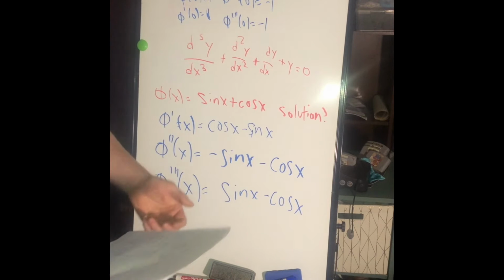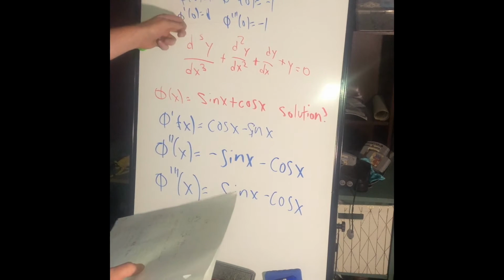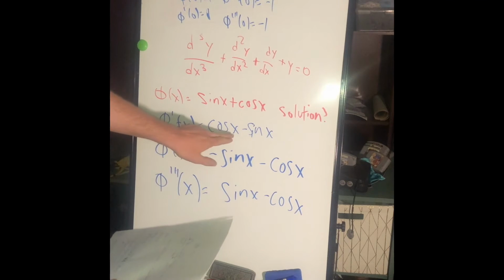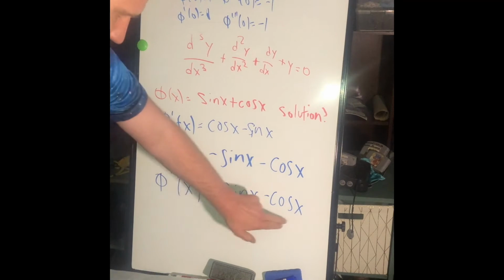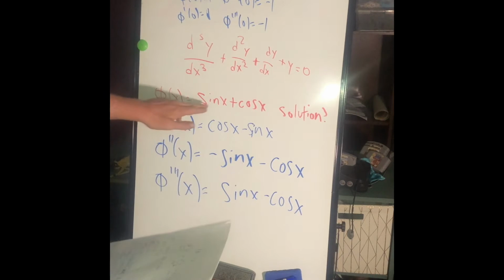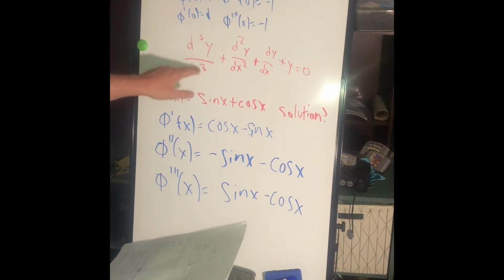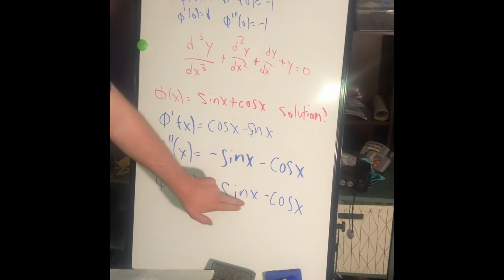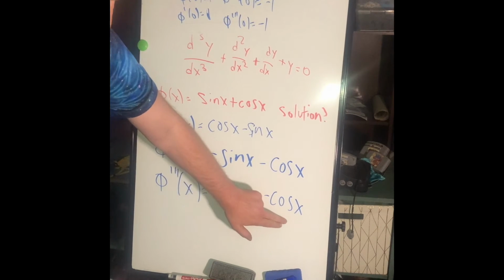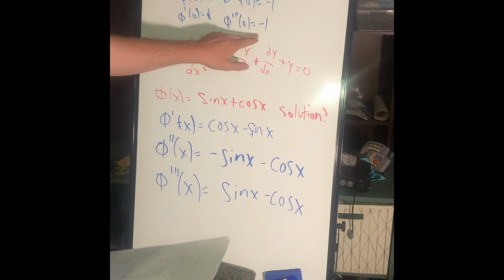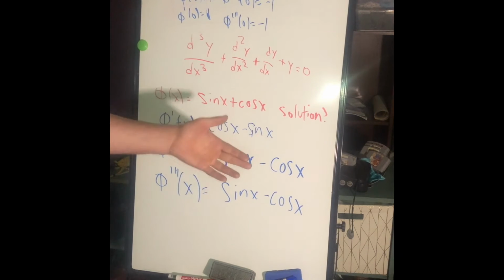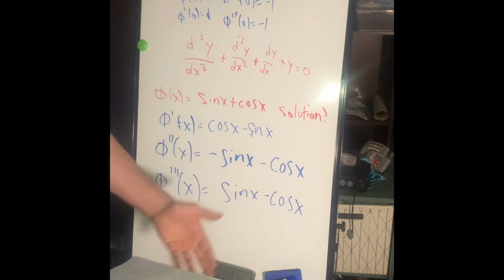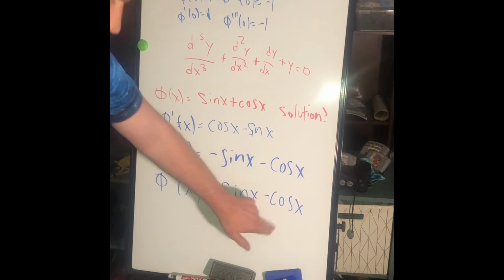And for this purpose, if we wanted to check the initial values, what we would do is plug these values of zeros into the functions that we have right here. So for this one, we would plug in sine of 0 minus cosine of 0. Is that equal to negative 1? And it is, because sine of 0 is 0 and cosine of 0 is 1. Negative that is negative 1.